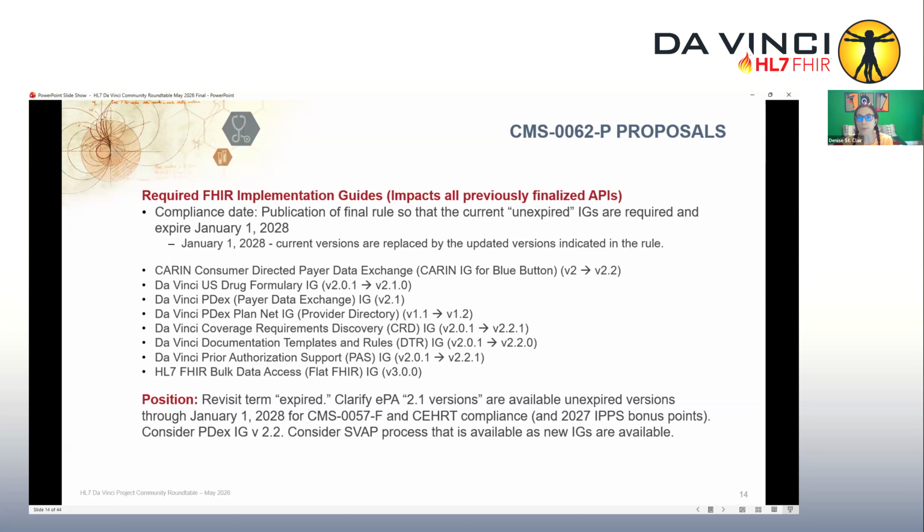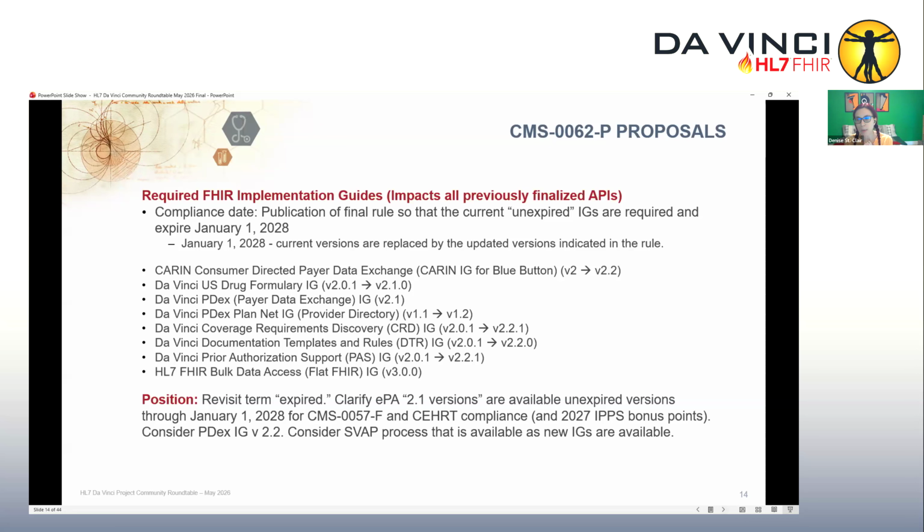And as we all know, IGs may update at an off-cycle timeline. So one of the recommendations of the community is for CMS and ONC to evaluate how to leverage SVAP at the time when one of these IGs would be ready for a new version, as opposed to waiting for the next annual cadence of the SVAP process as it is implemented today.